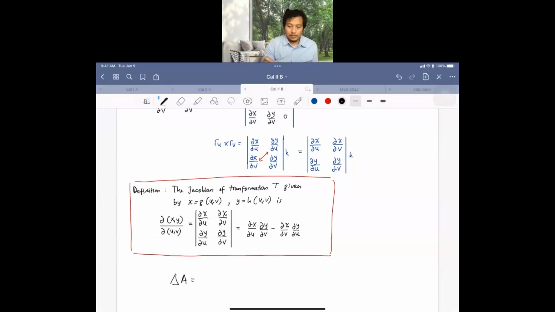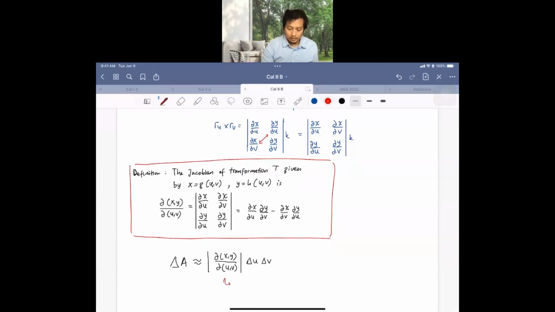So this will be the Jacobian multiplied with delta u and delta v, and the Jacobian is evaluated at some point u0, v0.